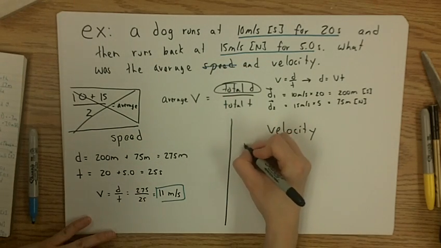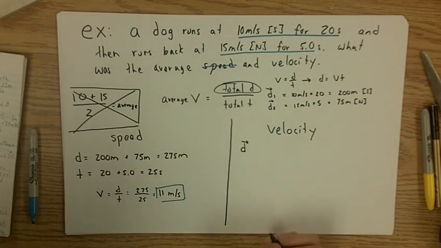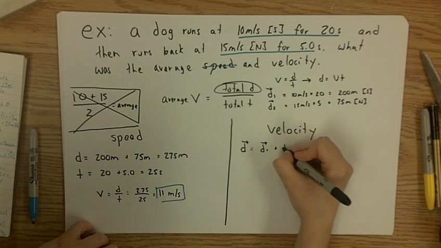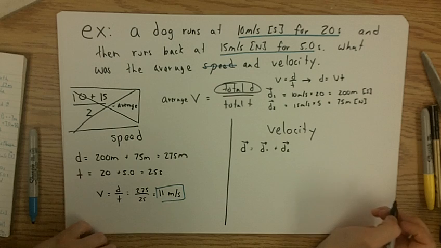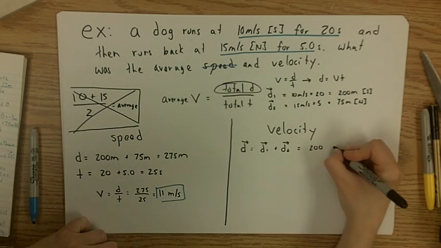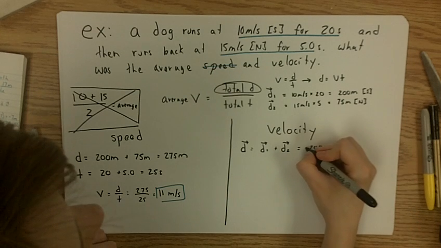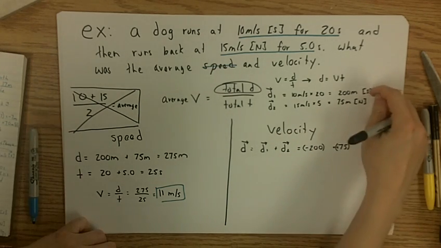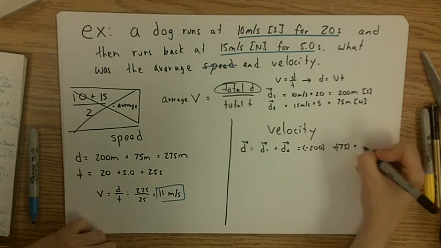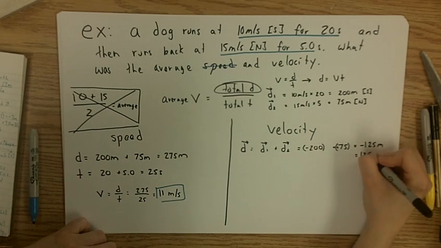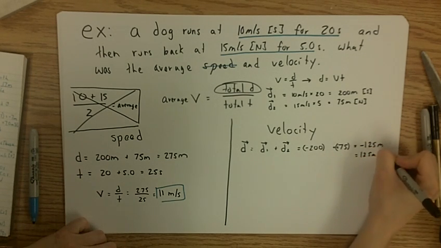The velocity comes from the total displacement. So that's going to be the first displacement plus the second displacement. We have to use the directions. This is 200 plus 75, but 200 is negative and 75 is positive because of the south and the north. This gives us an answer of negative 125 meters, or 125 meters south.